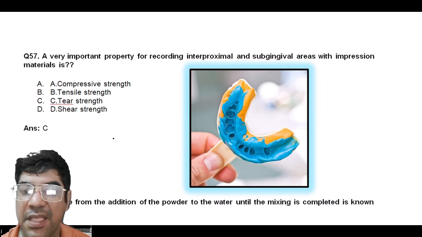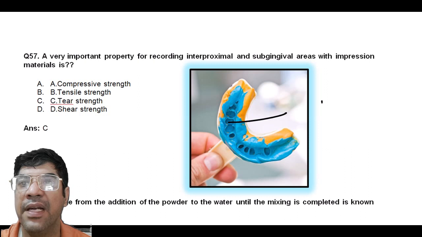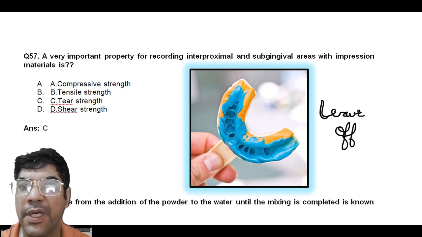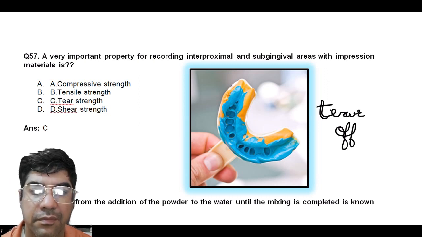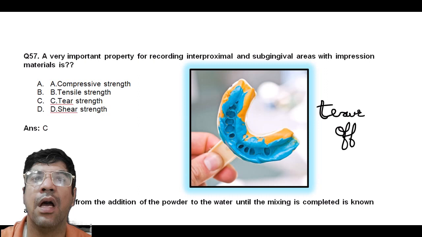So if tear strength is not adequate, the material will tear off and may remain embedded in this area. It is very difficult to detect embedded elastomer. So your answer would be tear strength.